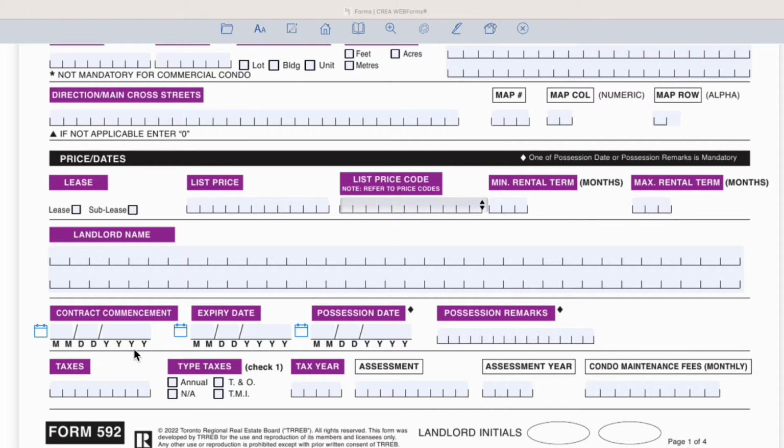Lease price code. We spoke about this yesterday. You would use a net lease amount. Let me give you an example.